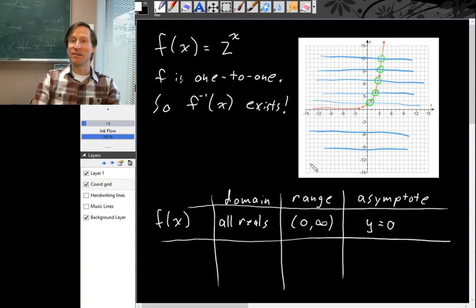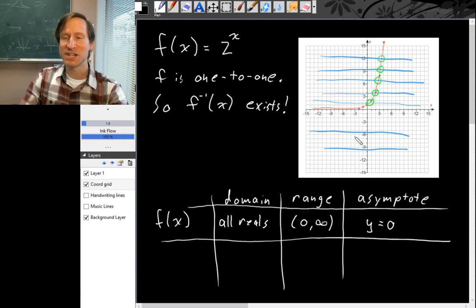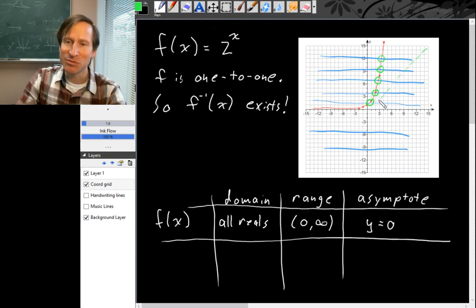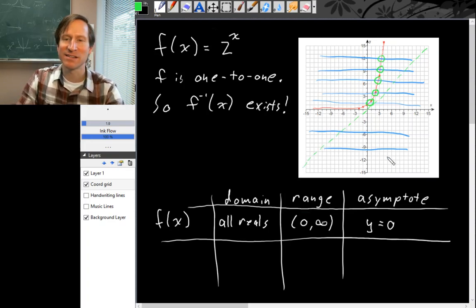So let's write down everything we can figure out about this inverse function. One thing we can do is sketch its graph. Remember, to sketch the graph of the inverse function, you reflect the original graph across the line y equals x. And we can do that point by point as well.